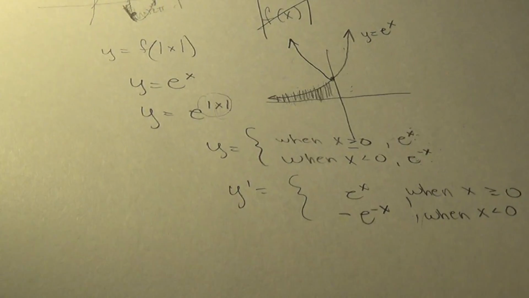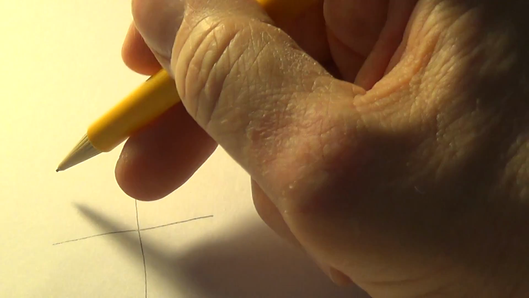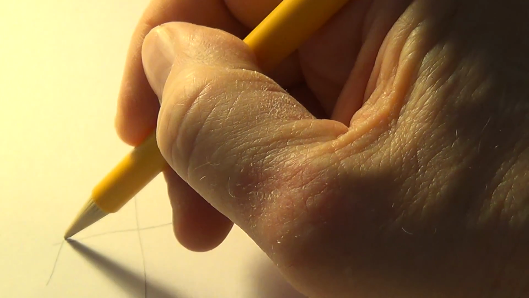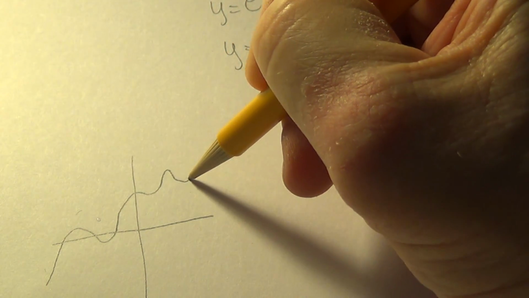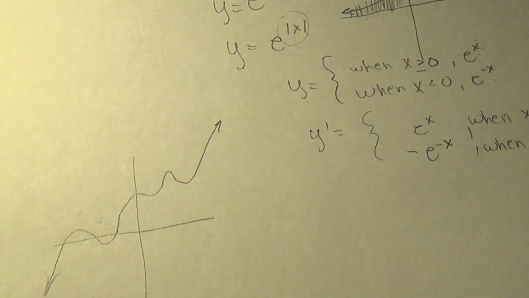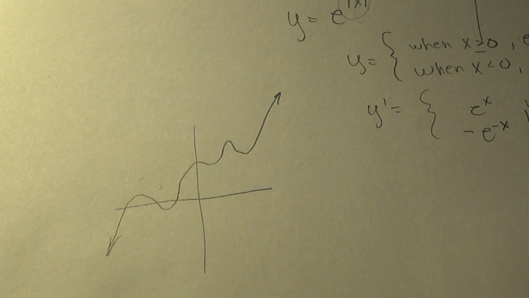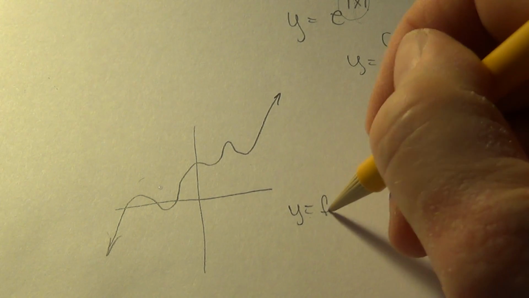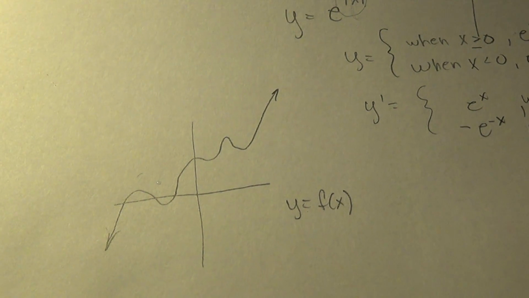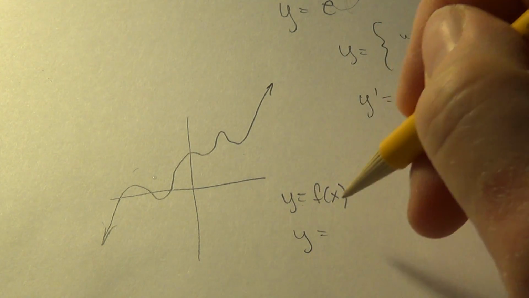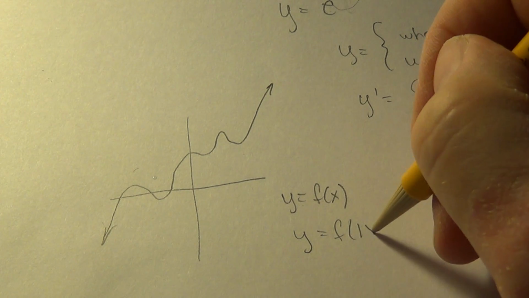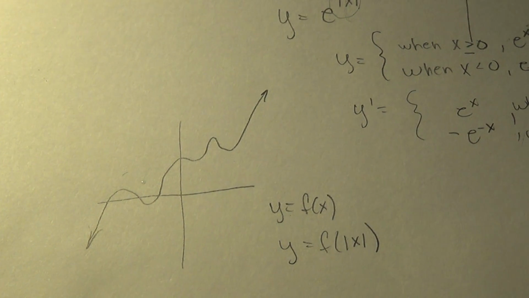So theoretically, this is what we have. Suppose we have some function that looks like this. All right, so we have that function. That's y equals some function. Now let me discuss y equals the function where the x expression within the function is in absolute values.